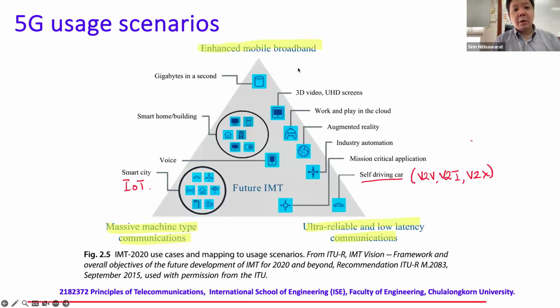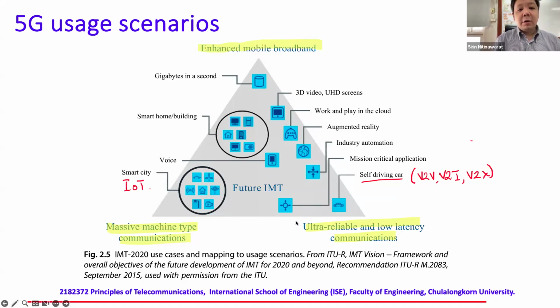So here is a more concrete picture of these three service categories and how different specific applications map in terms of these three service categories. So for eMBB, you see something like high density video contents being very close to the ideal of eMBB.